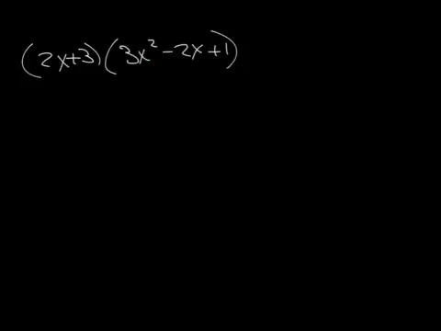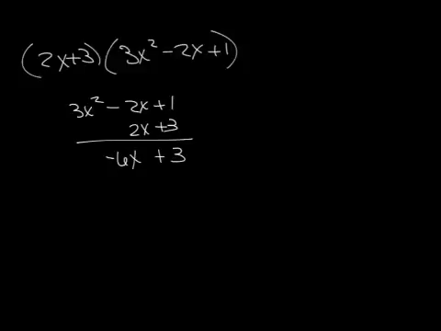Or you can use the column method, which I prefer, and I put the longest one on top and the short one on bottom, and I multiply those and get 3. Then I multiply these and get negative 6x.